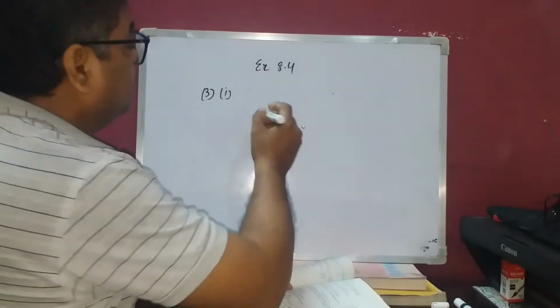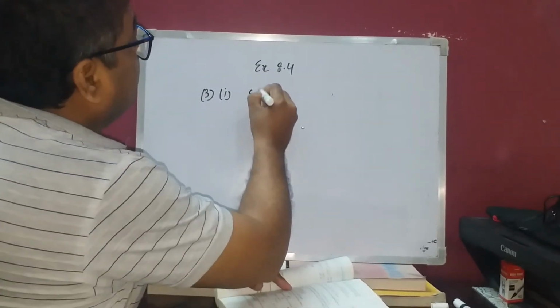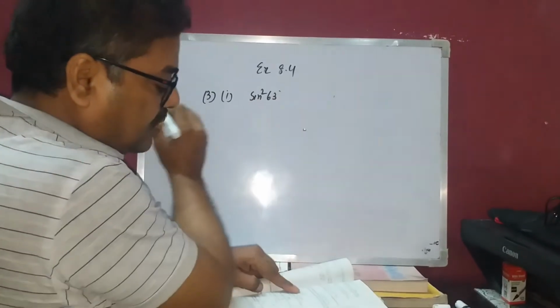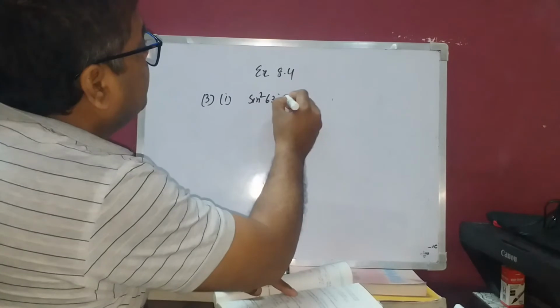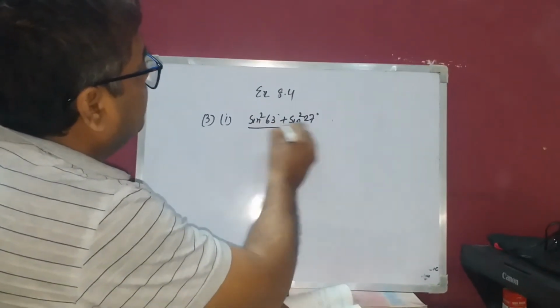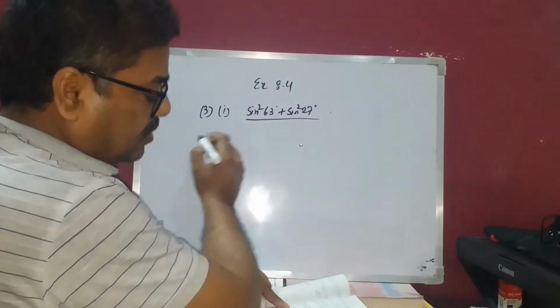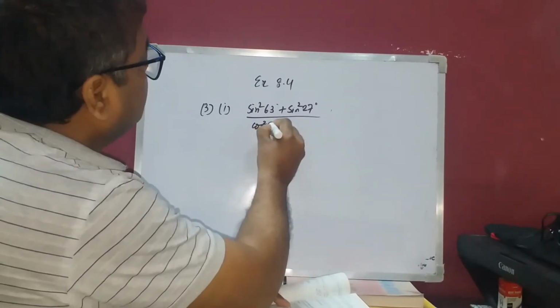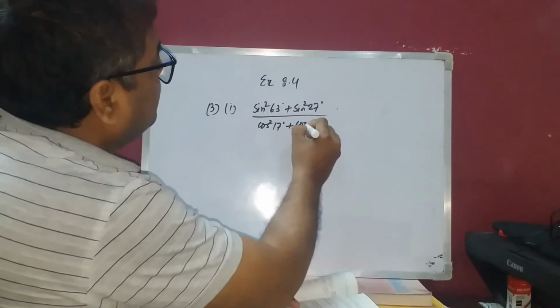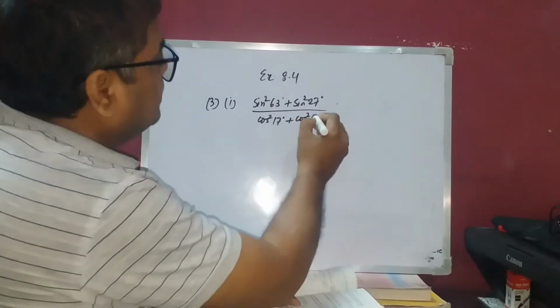First part is sine square 63 degree plus sine square 27 degree upon cos square 17 degree plus cos square 73 degree.